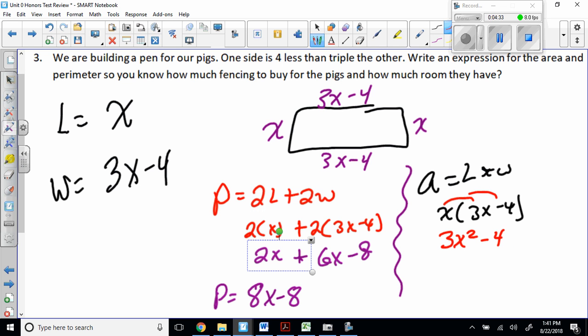Squared minus what? Yeah. Don't say that's 3X. X times X. X to the first times X to the first gives you X what? Thank you. X to the second, or X squared. And then that's negative 4X. And that represents, ladies and gentlemen, the area. Any questions? Good? All right, let's go nerd out on the next one.